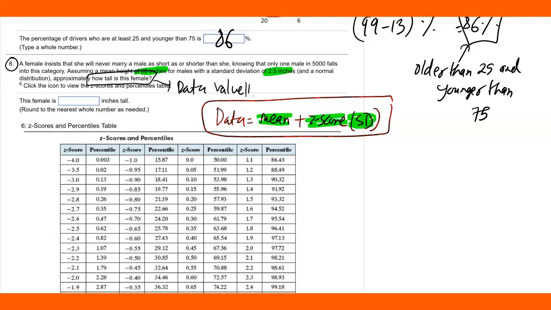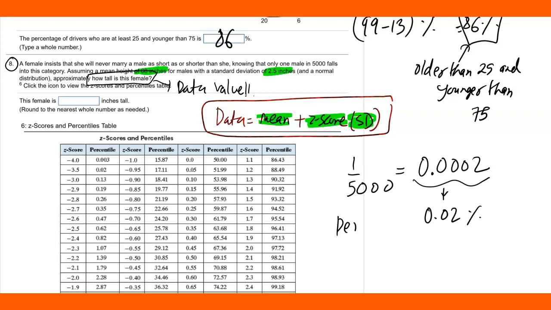What you need here is the z-score. Notice that 1 out of 5,000 is 0.0002. As a percentage, that's 0.02% as a percentile.